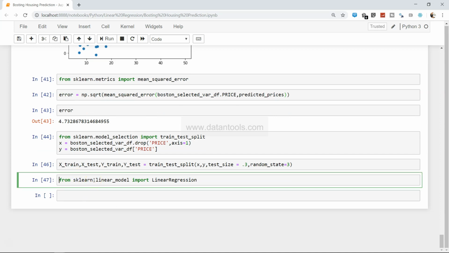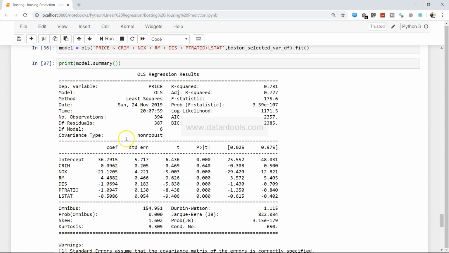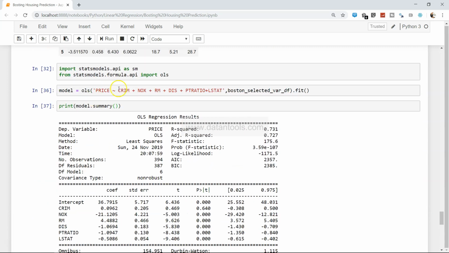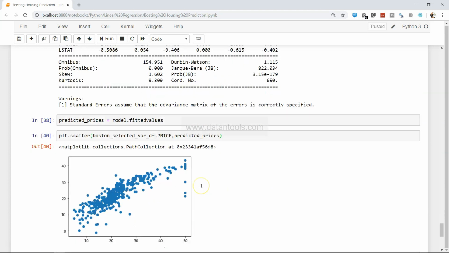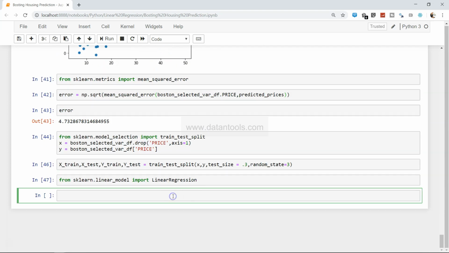It's just that it does not print the summary statistics like this, which I really like. You can use any of these methods which you like, but I just wanted to show you a different method here.